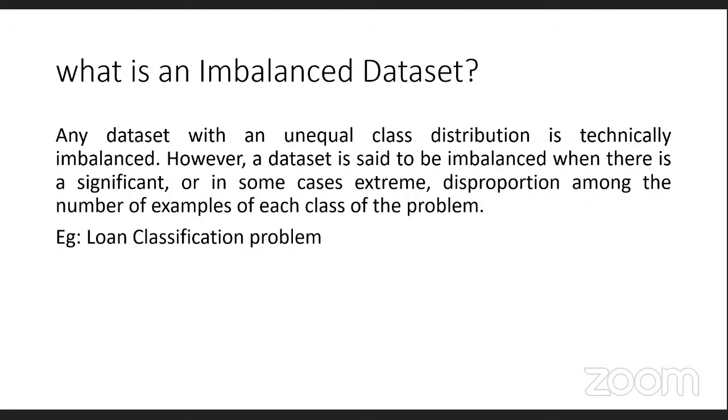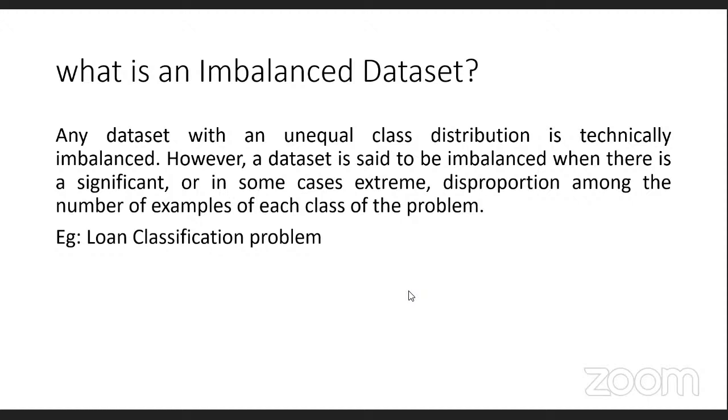By definition, it is a data set with an unequal class distribution, meaning not equally distributed. Technically it is called an imbalanced data set. It is said to be imbalanced in extreme cases, as I said, 90% not defaulted and 10% defaulted.